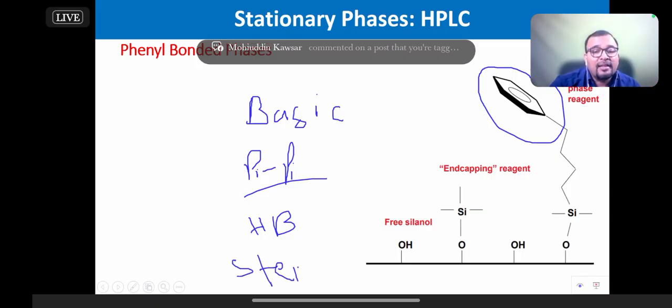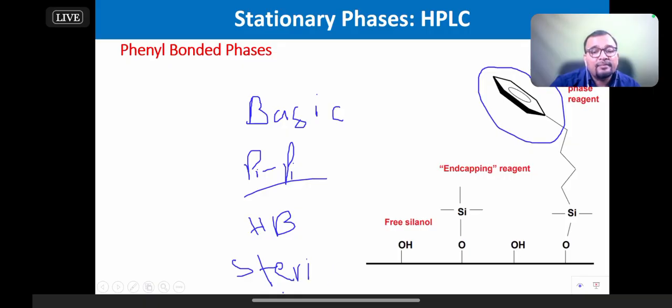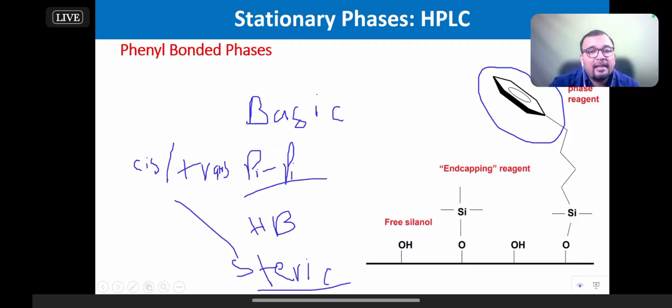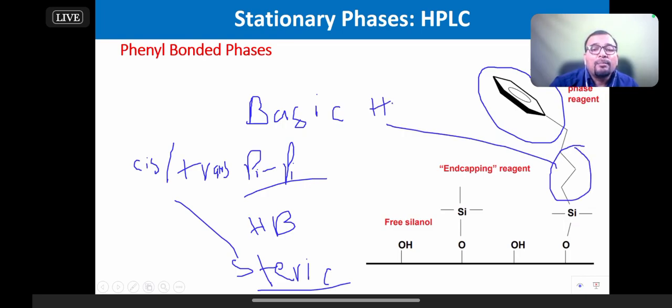Steric hindrance, steric interaction. So for separation of similar compounds like cis and trans, this stationary phase can help you out. And you get the London dispersion force or hydrophobic interaction because of this carbon chain also.